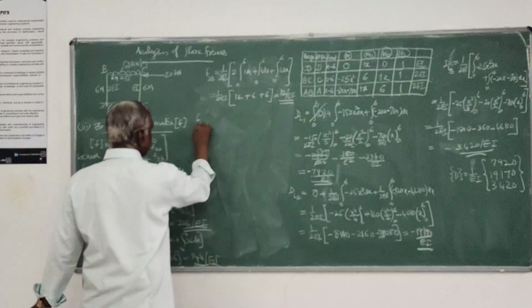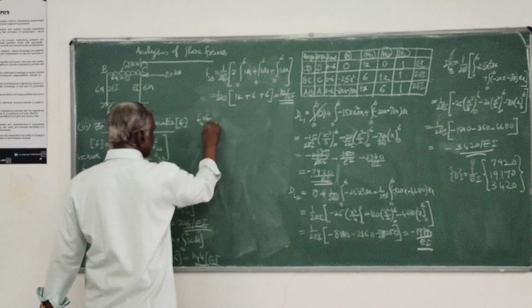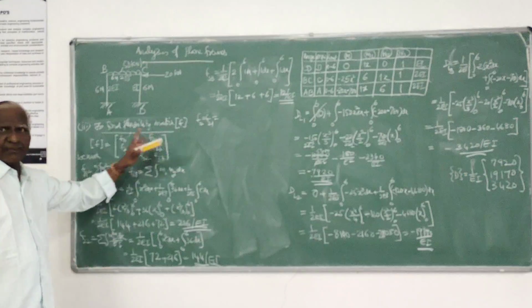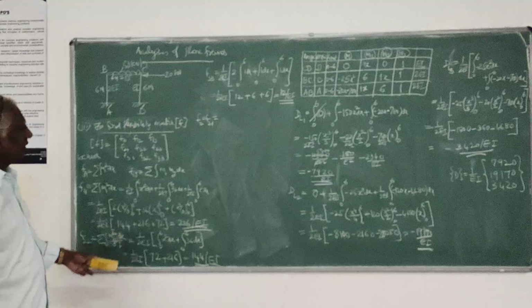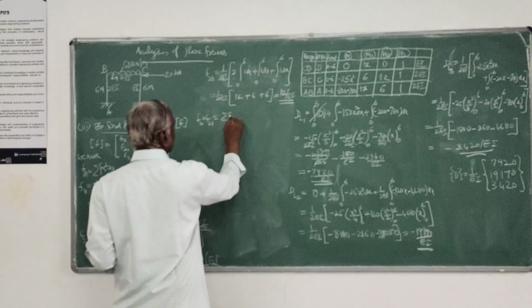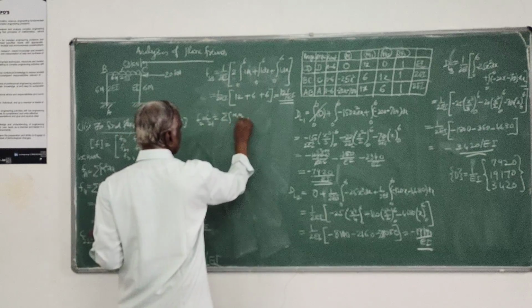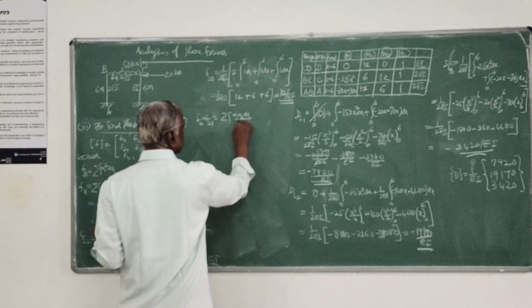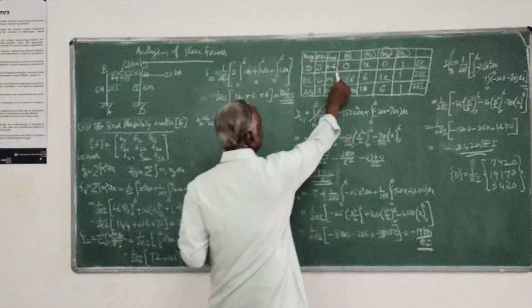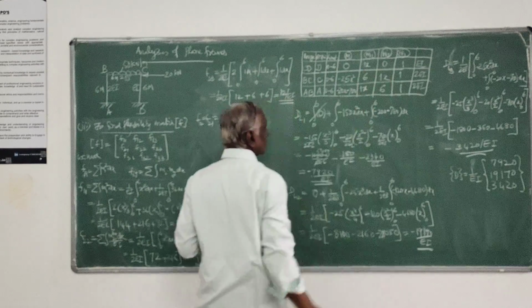Then F12, that is nothing but F21. They are equal because this is always symmetric. F12 is F21. So I have to take sigma of m1, m2. This formula I have used. First one is 0.